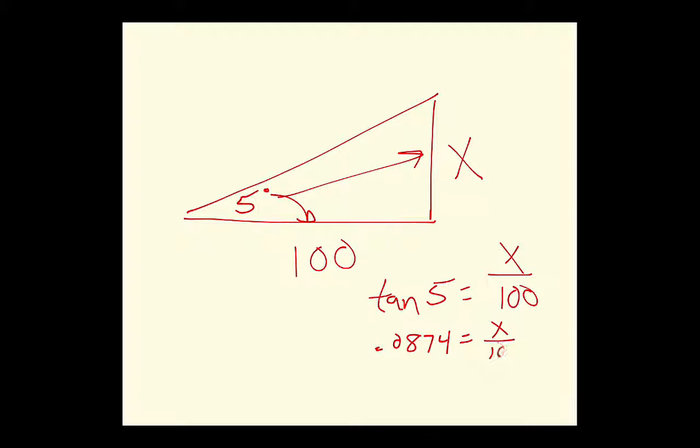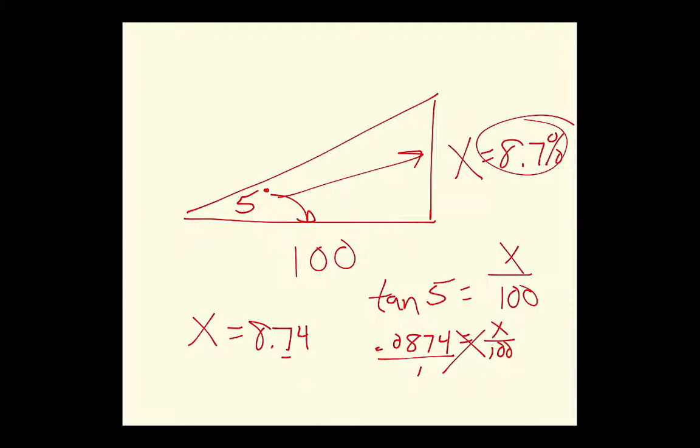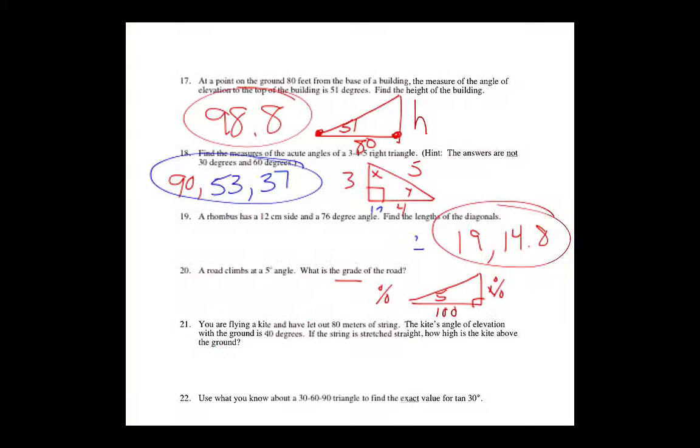That should equal x over 100. I cross multiply, x times 1 is x, and 0.0874 times 100 is going to be 8.74. So we're just going to round that to the nearest tenth, and we're going to say this is an 8.7% grade, because it's 8.7 up out of 100, so that's 8.7%.